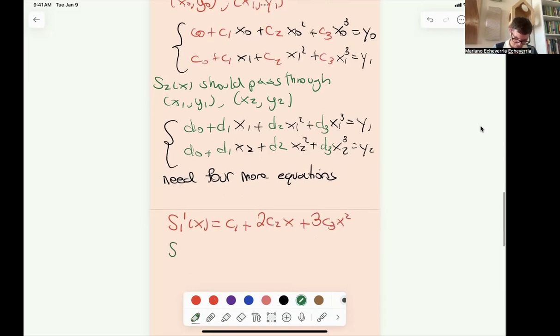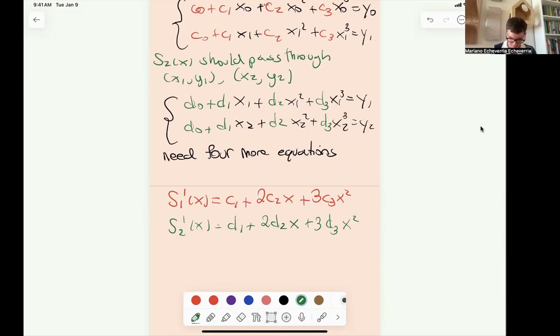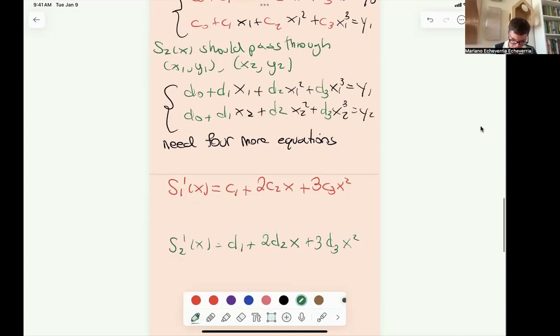And the other derivative is the same, but with these. Actually, let me write down the second derivatives as well, just to have them all ready to go.